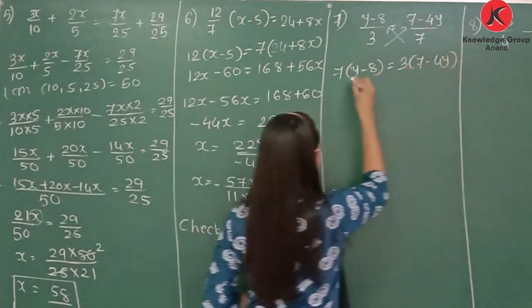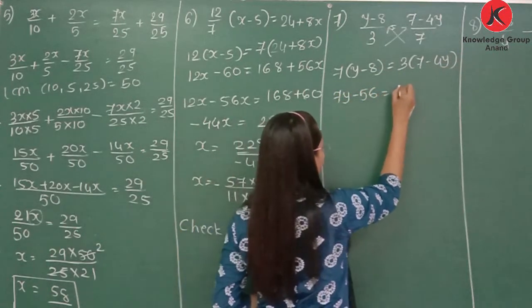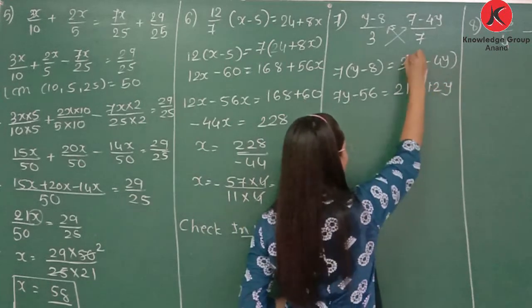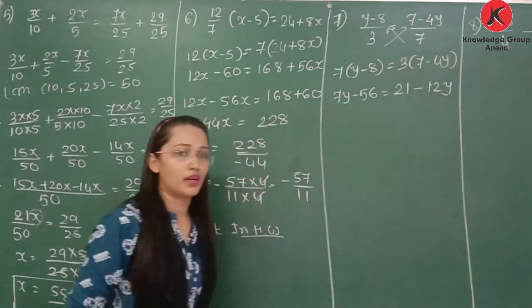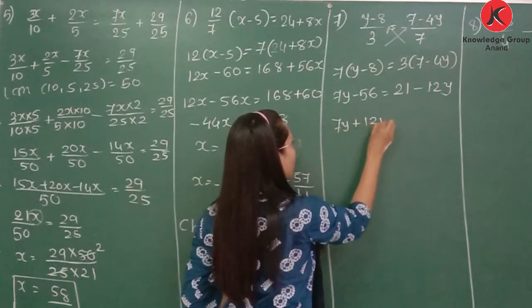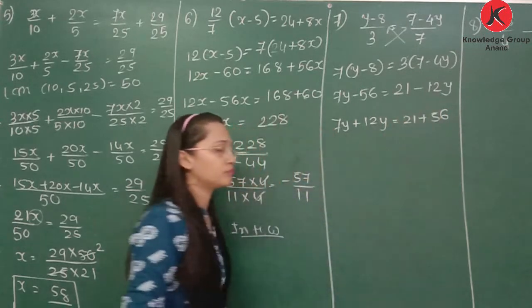Now open the bracket. 7y minus 56 is equal to 21 minus 12y. We multiply 3 with both numbers. Now separate the terms with the variable. 7y plus 12y is equal to 21 plus 56.